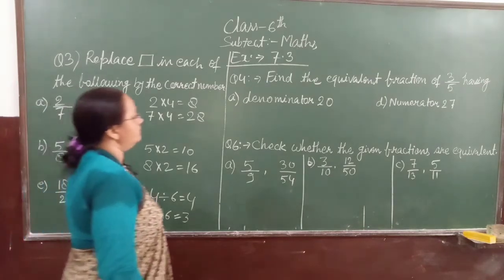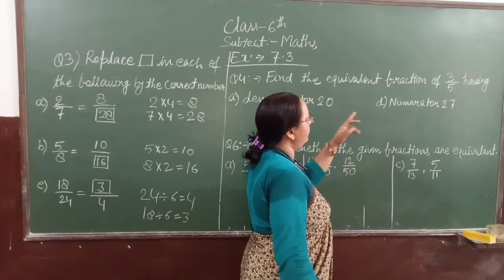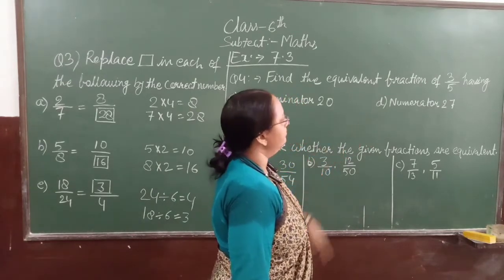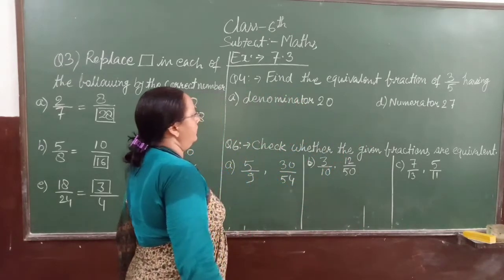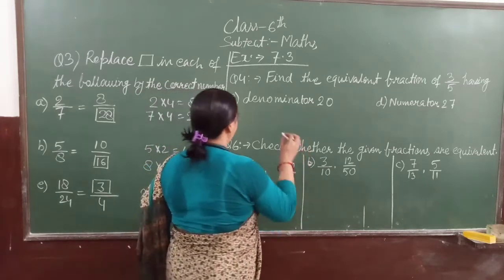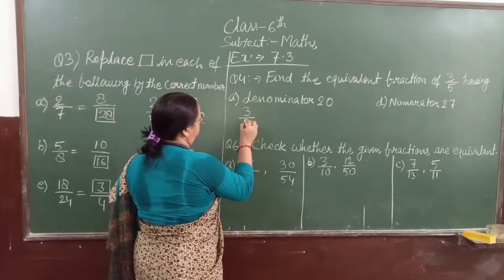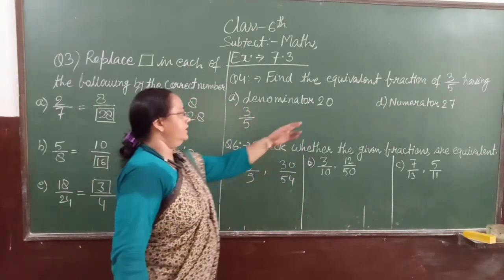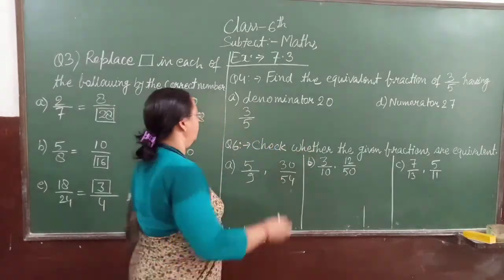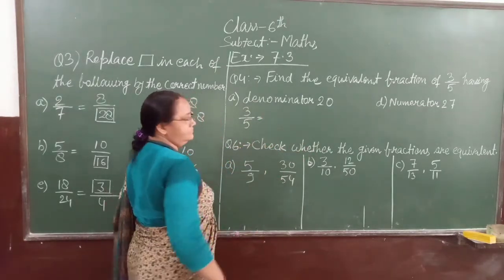Now question number 4. Find the equivalent fraction of 3 upon 5 having denominator 20. 3 upon 5. Denominator, what to do? Make it 20. How much do we multiply? 5.